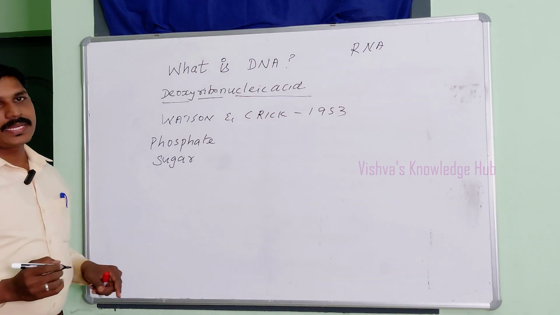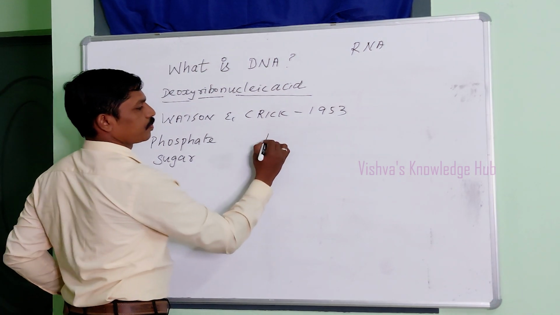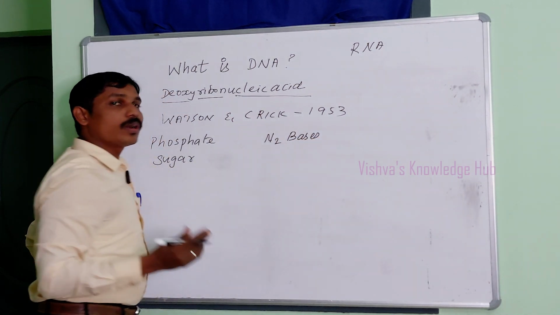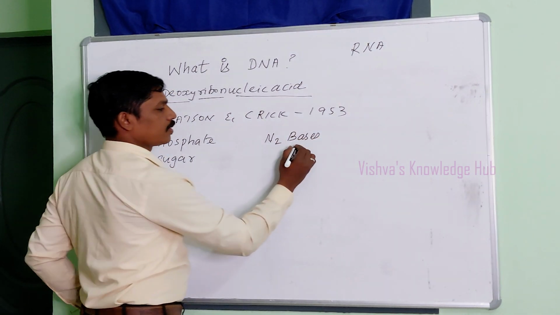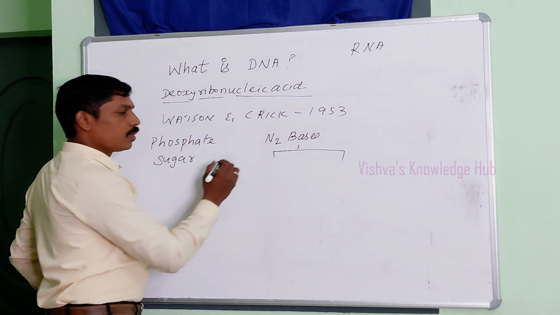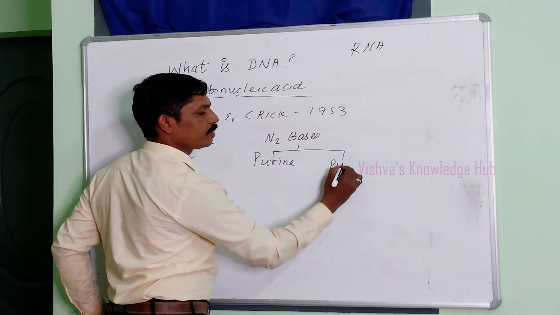Other than that, there are some nitrogen bases also. So what are the nitrogen bases? There are two types of nitrogen bases, one is purine, another one is pyrimidine.